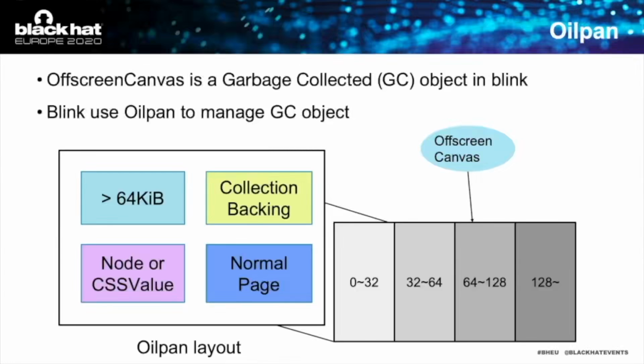Offscreen canvas is a garbage collected object in Blink. Blink uses Oilpan to manage garbage collected objects. In Oilpan, objects are divided into 4 categories. They go to different buckets depending on their size. The offscreen canvas is located in the normal page arenas.